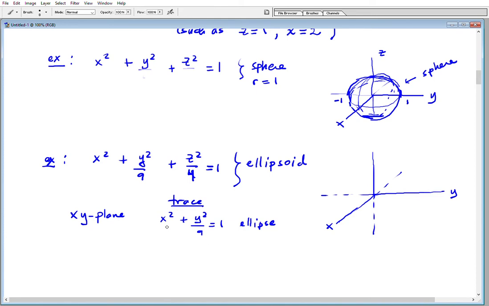The x-intercepts are 1 and minus 1. Setting x equal to 0, the y-intercepts are 3 and minus 3. So let's go out to 3, there's minus 3 and 3, and 1 and minus 1, so it's an ellipse like this, longer in the y direction than the x direction.